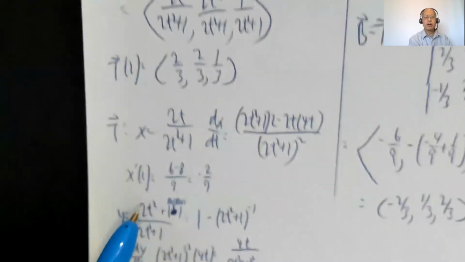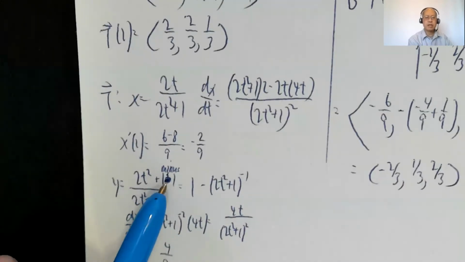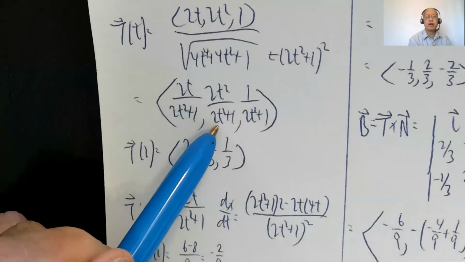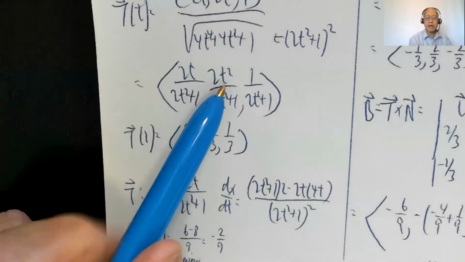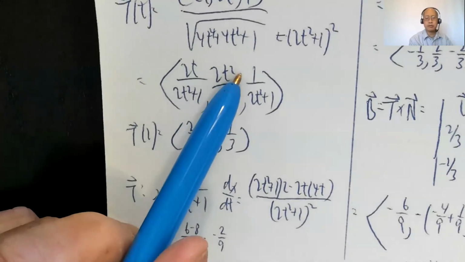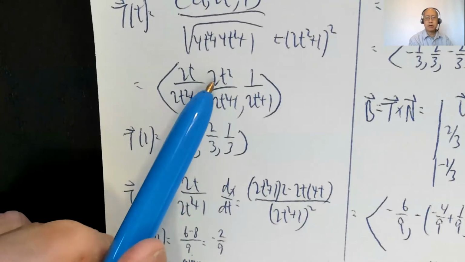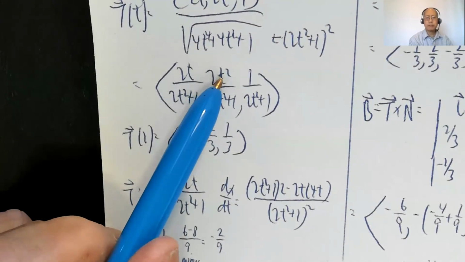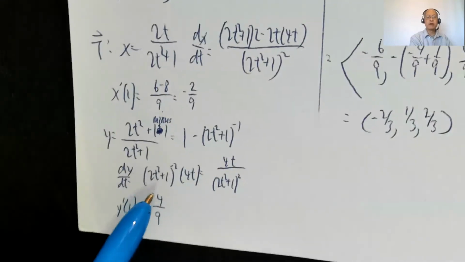For the y component, I do a little trick. 2t squared over 2t squared plus 1, they're almost the same. The trick is to make them the same. I add 1 and quickly subtract 1. It makes it easier. So I'm going to write 2t squared plus 1 minus 1, because I know 2t squared plus 1 over itself is 1.